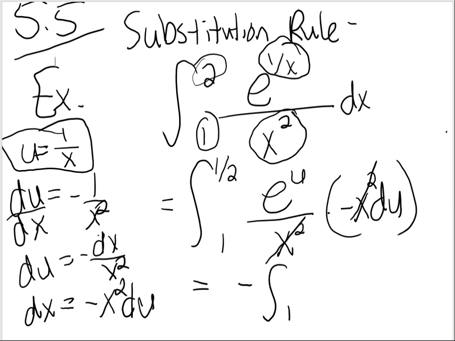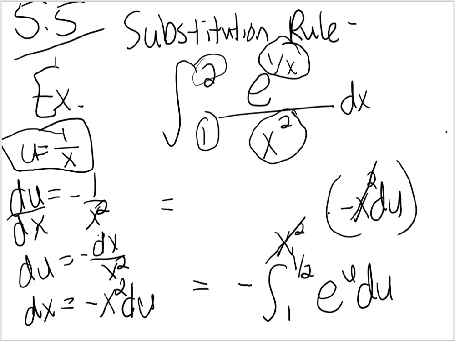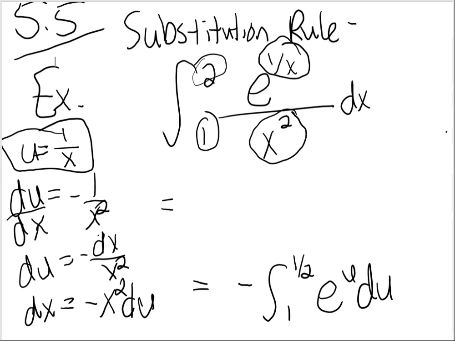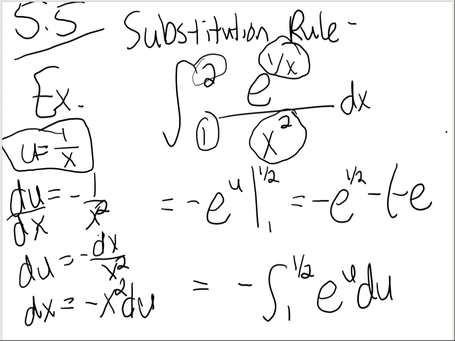This is negative integral from 1 to 1/2 of e to the u du, or negative e to the u evaluated from 1 to 1/2. Negative e to the 1/2 minus negative e to the 1, which is going to give you a number. And that's how the substitution rule works.